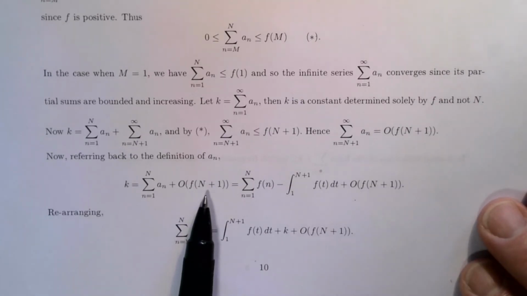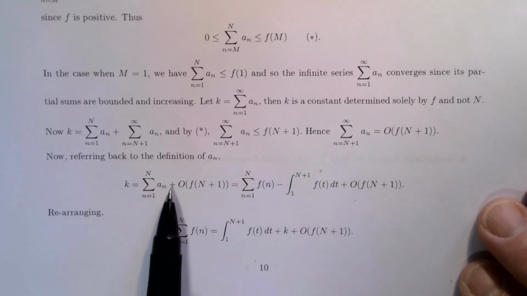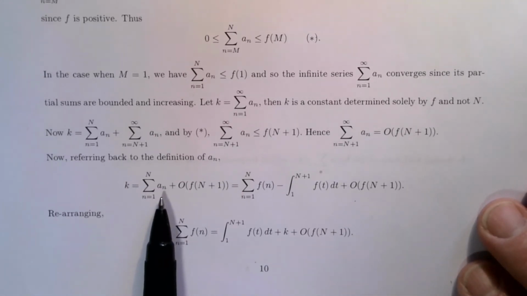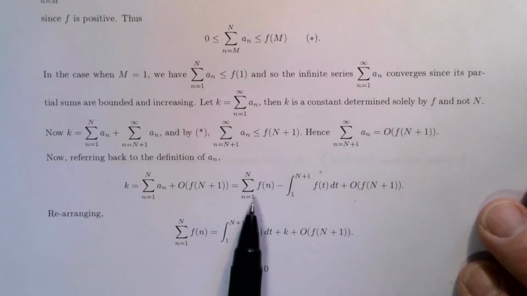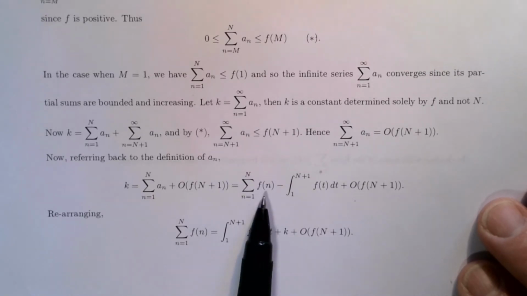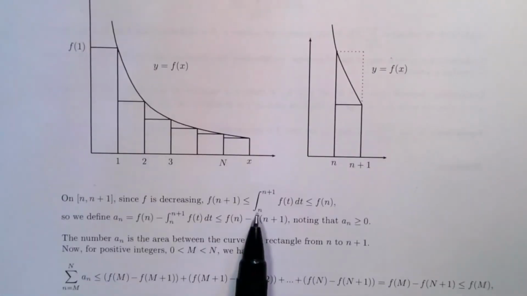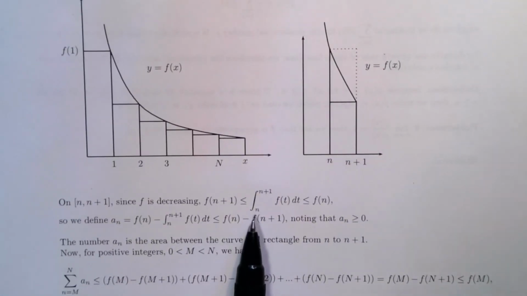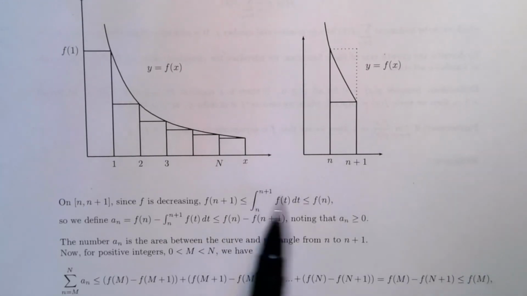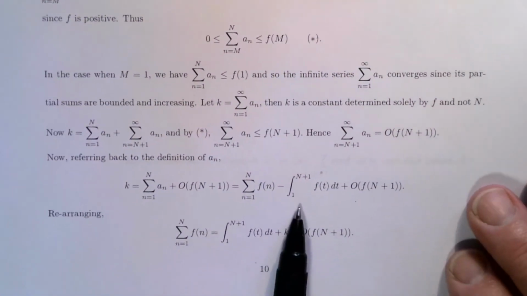And I can then go back and write a sub n as what it was, which was f of n minus the integral. So the sum of a sub n is the sum of the f of n's minus the sum of all the integrals. So we're taking a sum of this one for n equals 1 up to capital N. We can just add all those integrals together, and that gives me this expression here.